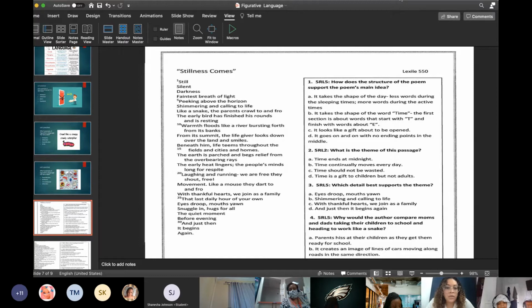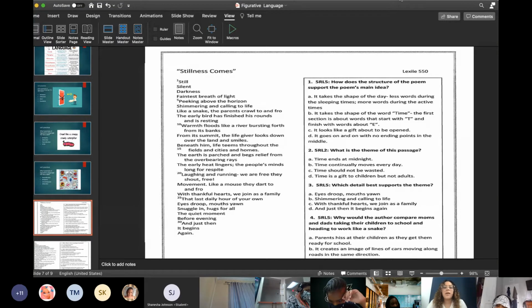Stillness comes. Still, silent, darkness, faintest breath of light, peeking above the horizon, shimmering and calling to life. Like a snake, the parents crawl to and fro. The early bird has finished his rounds and is resting. Warmth floods like a river bursting forth from its bank.